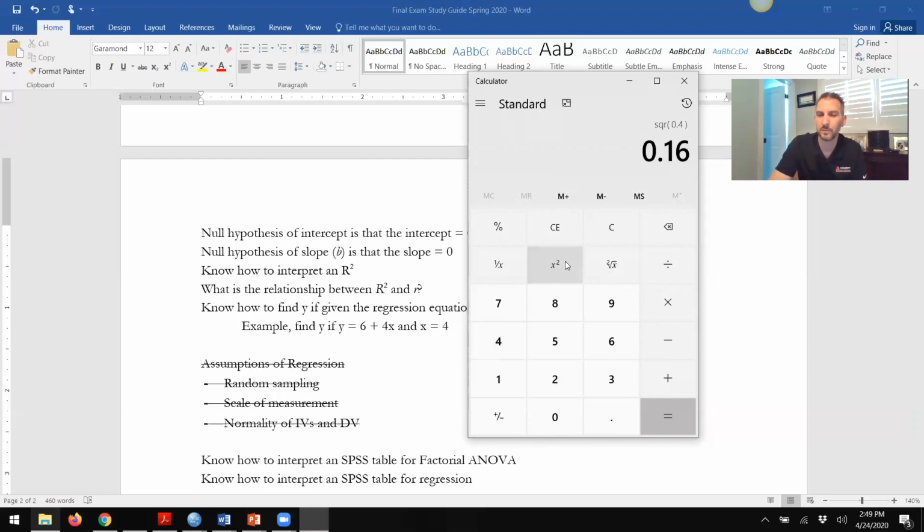So that means that if your correlation is 0.4, then 16% of the variance in y is explained by x. And if the correlation was 0.6, a strong correlation, that means 36% of the variance in y is explained by x.